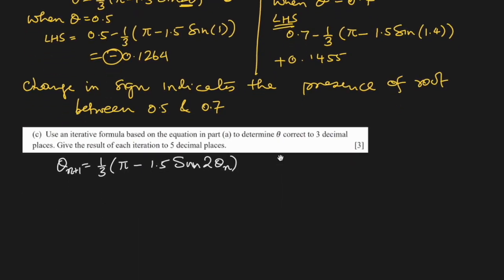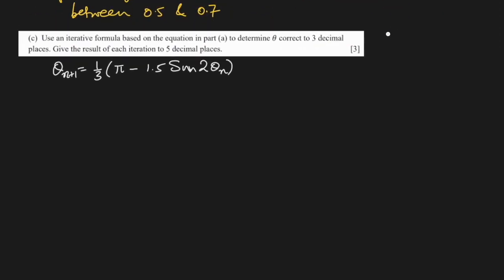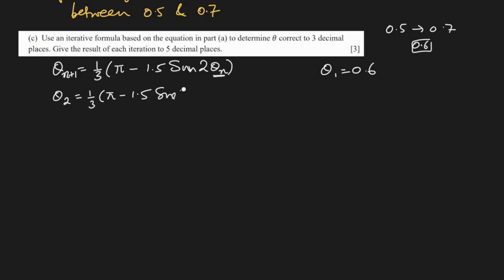Alright, what it means is that our starting point, we know that the answer is between 0.5 and 0.7. So let's start from 0.6, which is in the middle of them. So theta 1 is 0.6. That means theta 2 will be 1/3 pi minus 1.5 sine 2 times 0.6.